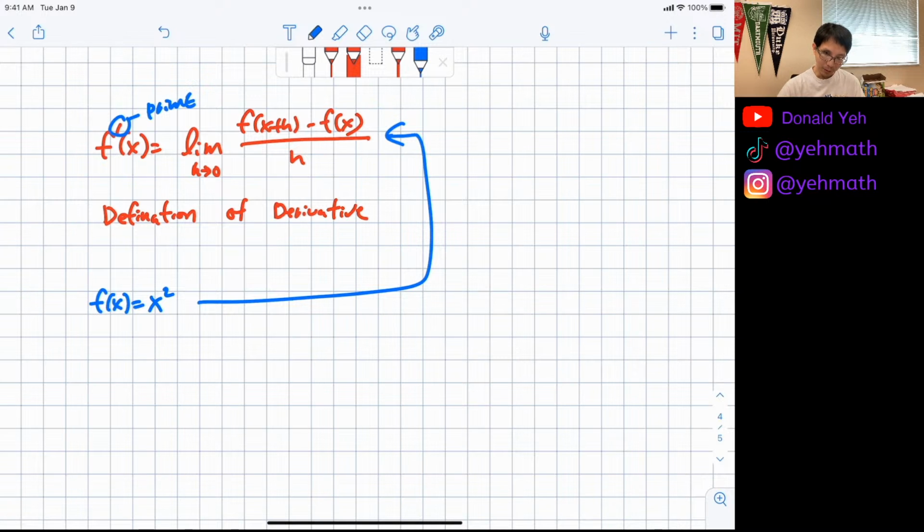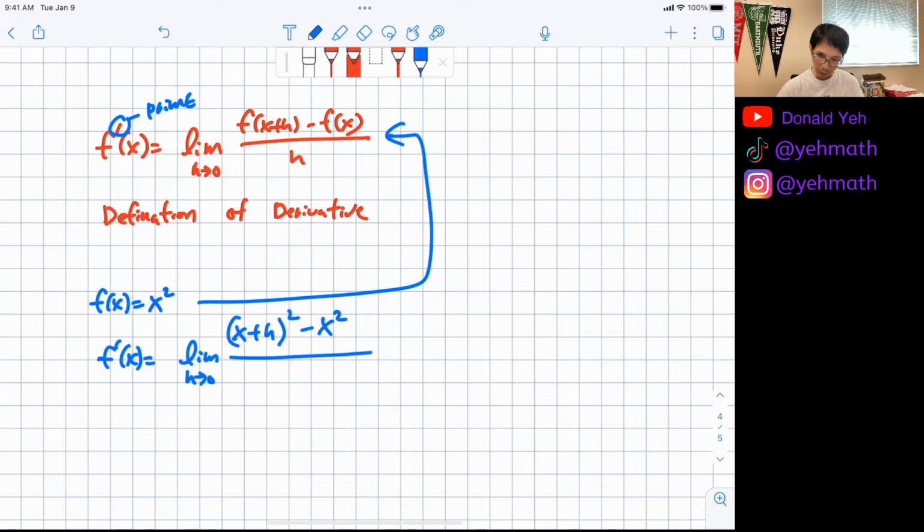So that means f prime of x is equal to the limit as h approaches 0 of x plus h. I'm going to plug x plus h into the x squared, so it's going to be squared, minus what? x squared, all over h.